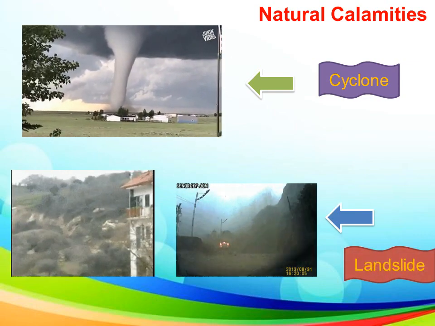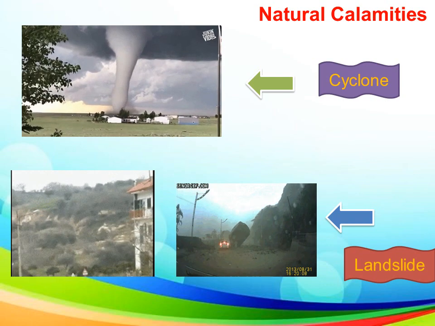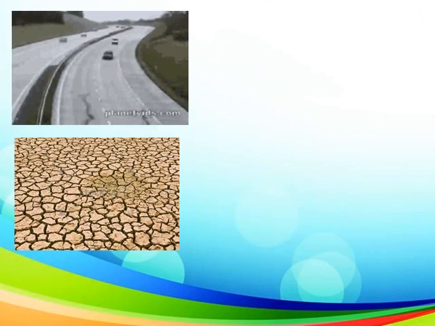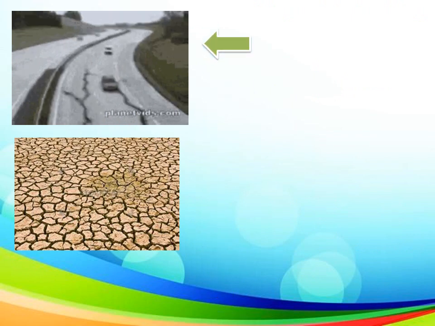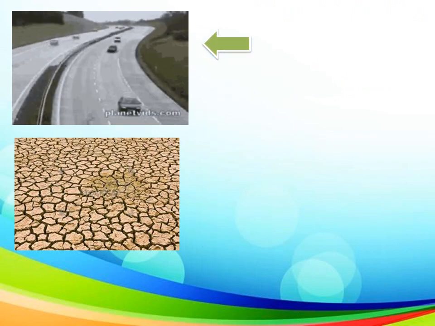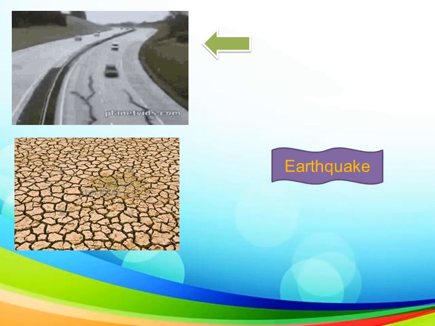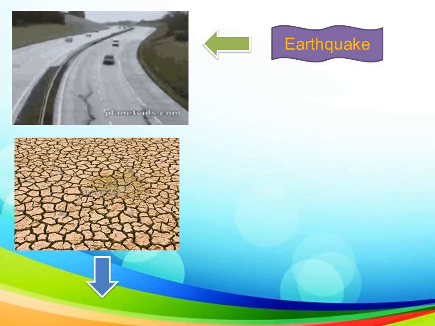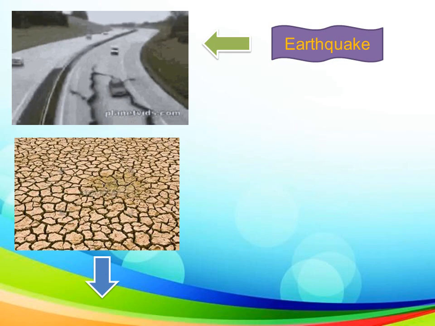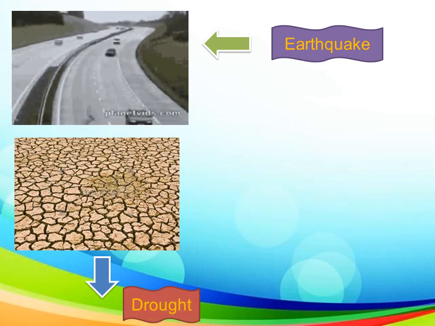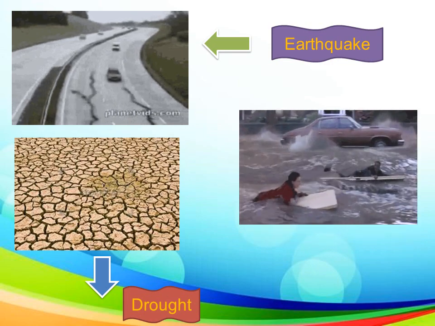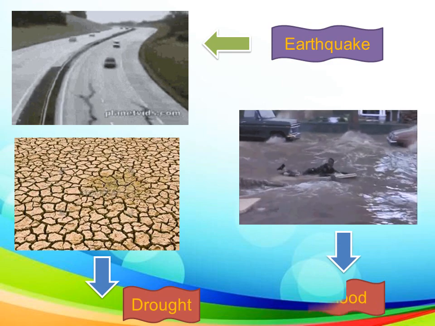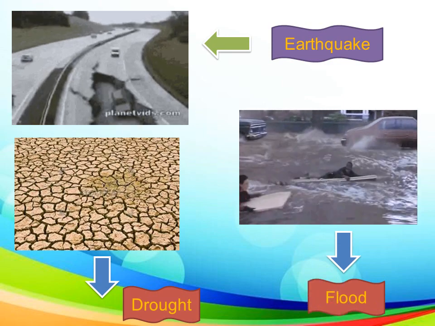It's a landslide. The next picture, students. Earthquake. Yes, it's drought. And the last picture is flood.